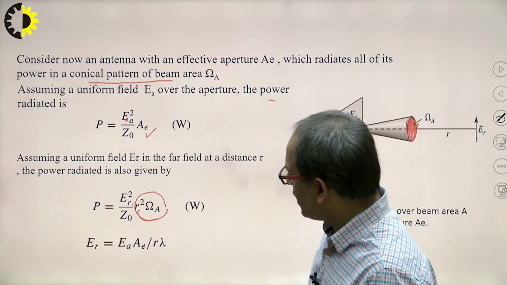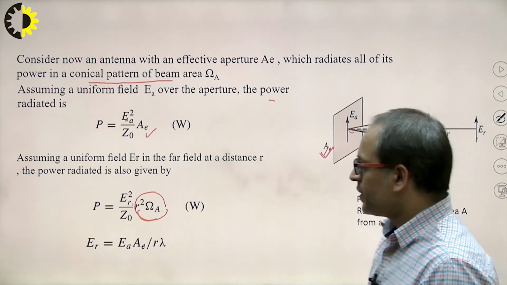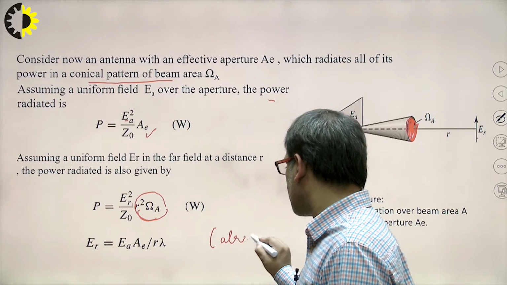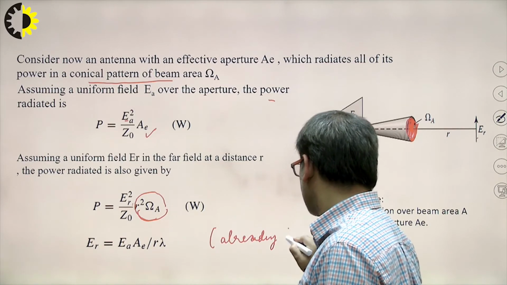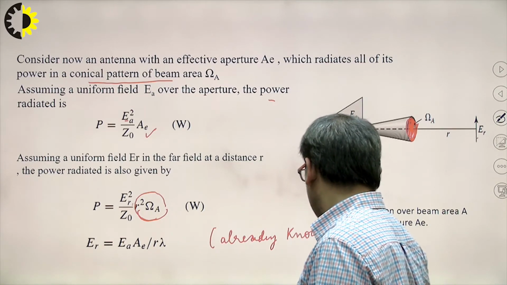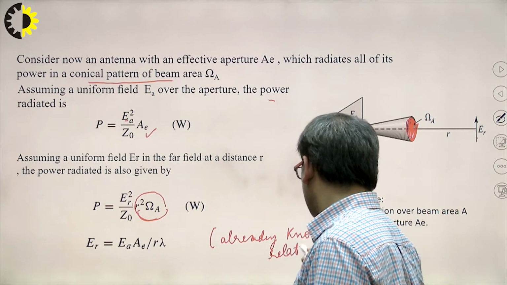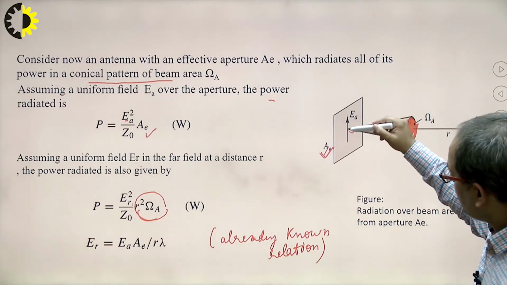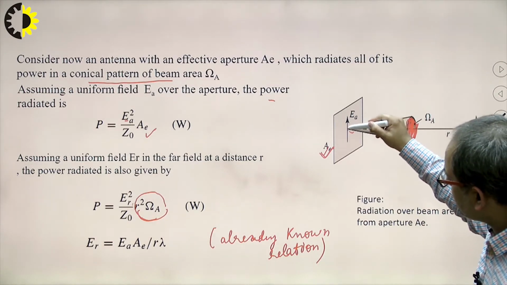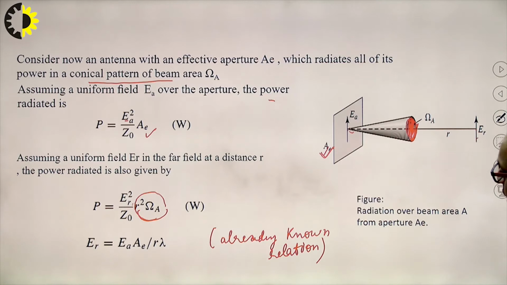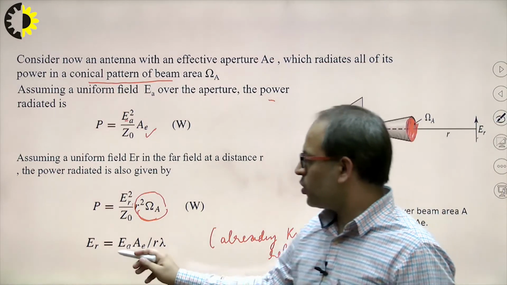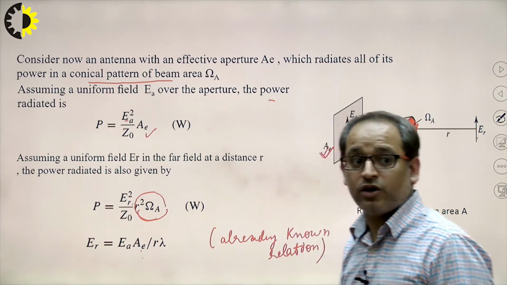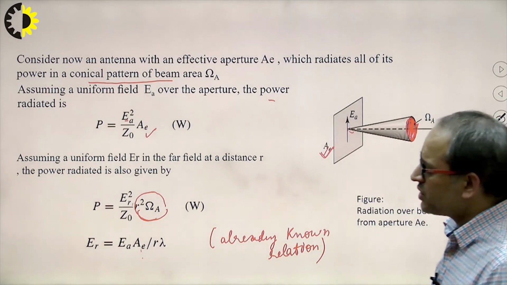And we already know the relationship between the field radiated at this point and the field at this point: ER equal to EA multiplied by effective aperture area divided by R into lambda. Now just put this value.